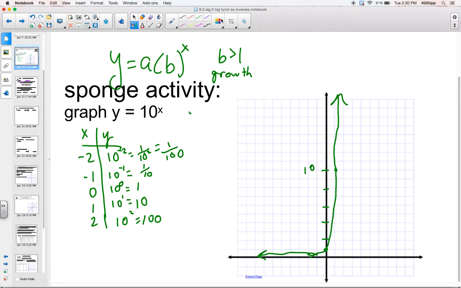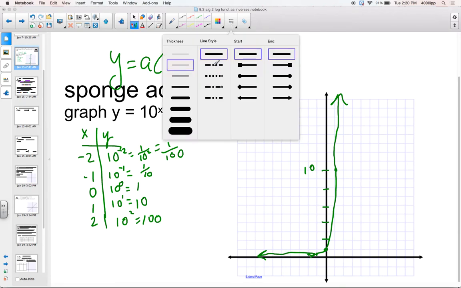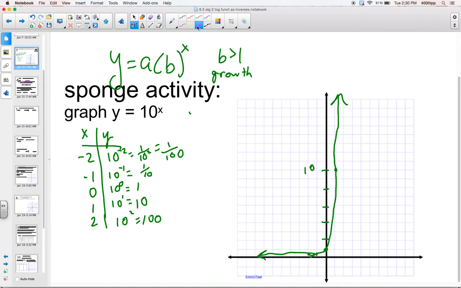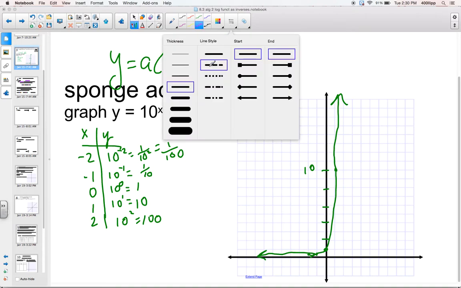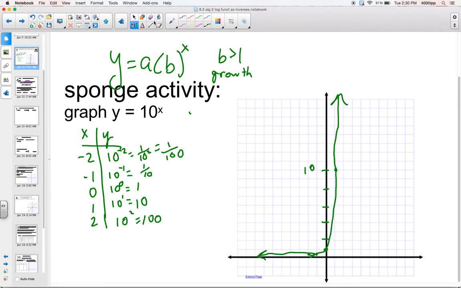Then we can graph our asymptote here. If we graph the asymptote, we know that is going to be y equals 0. So here's our asymptote of y is equal to 0.